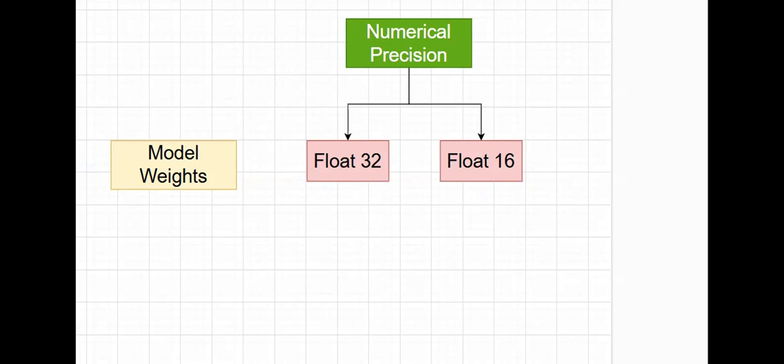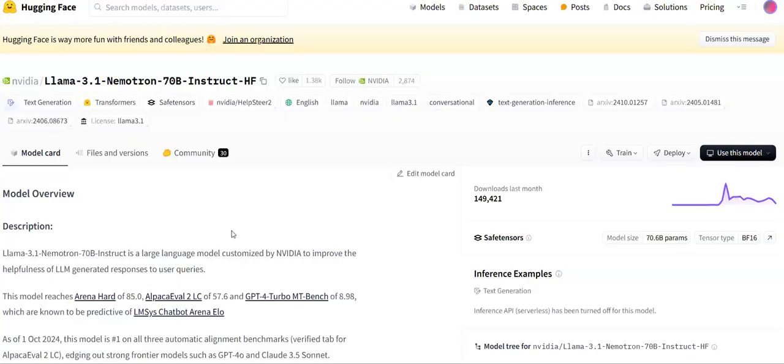If you open any open source models like Llama, you can see here BF16. They're using BF16, that is a brain float 16 value. Here B represents brain, F represents floating point value, and 16 represents the number of bits used to represent each and every parameter.